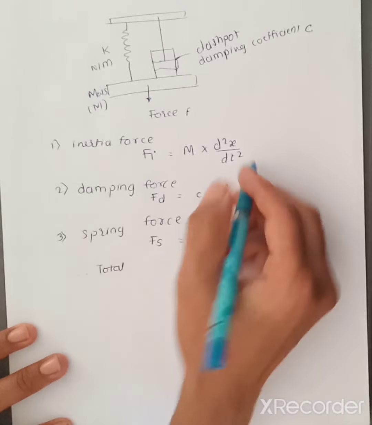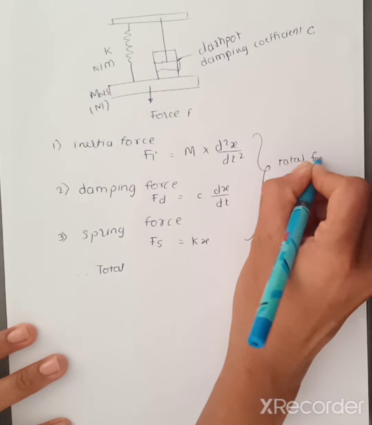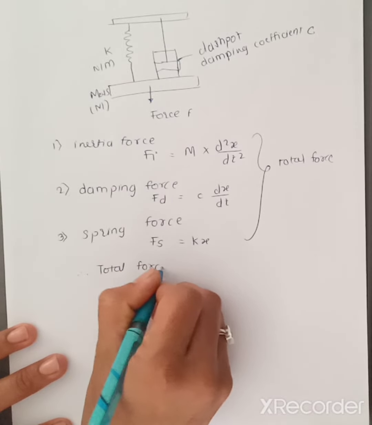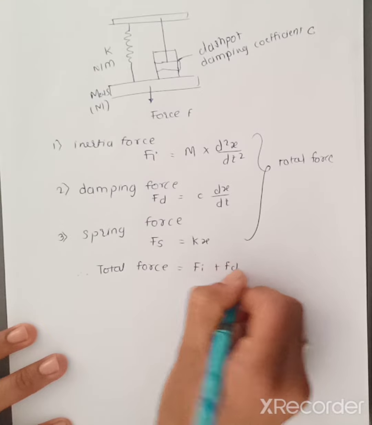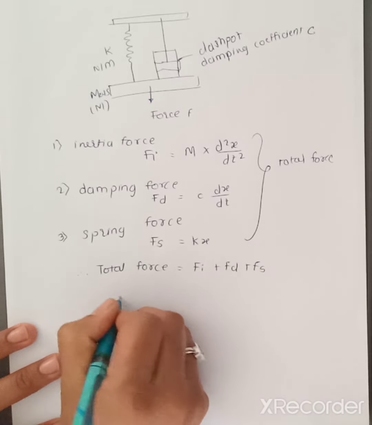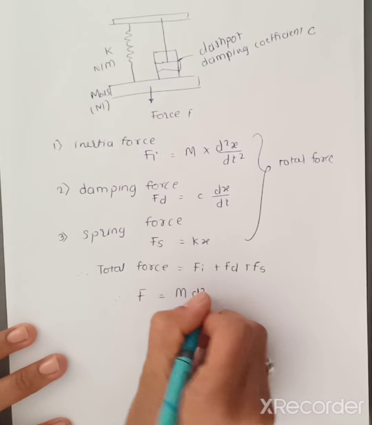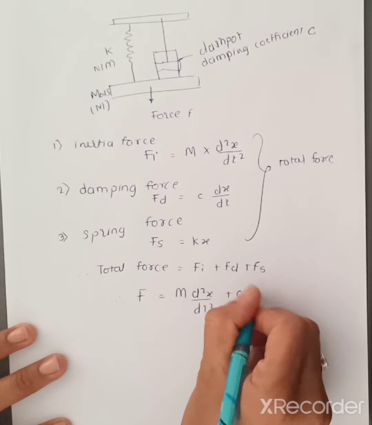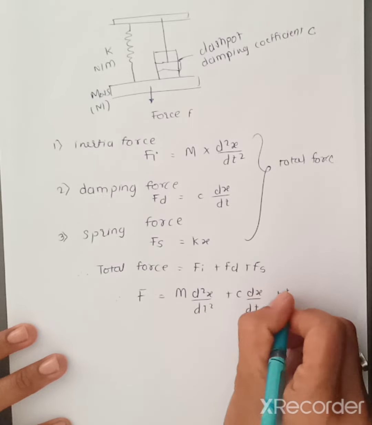Therefore, what will be the total force? It will be the addition of all these forces. That is, total force is equal to Fi plus Fd plus Fs. Therefore, total force F will be m d square x upon dt square plus c dx upon dt plus kx.